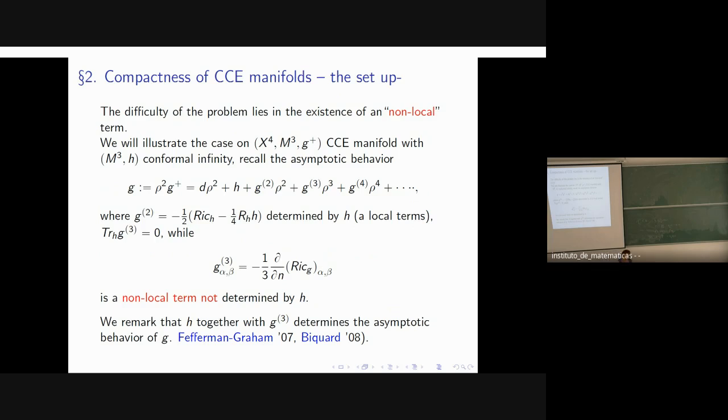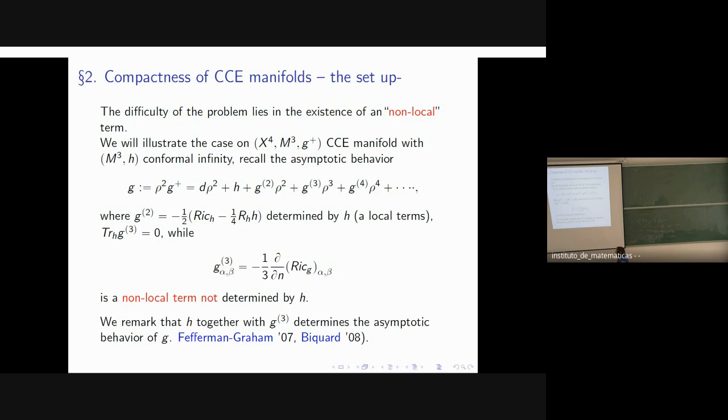So it's like the Dirichlet-to-Neumann problem. If one thinks about the Ricci of g as something like the Laplacian of g, the second derivative of g, then this is a higher order Dirichlet-to-Neumann problem.